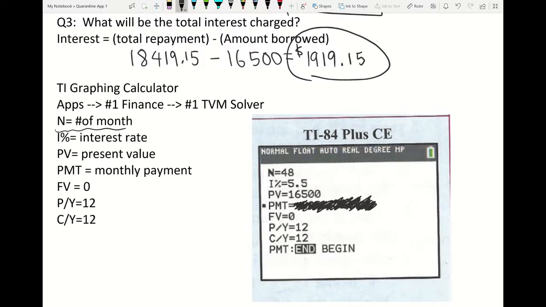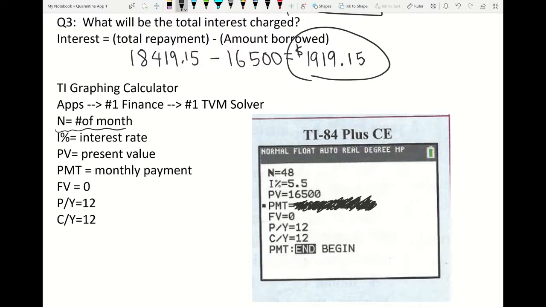Now, PMT, you just skip that. Probably you see 0 or maybe something else, but just skip that number over. Next, future value. Future value is going to be 0 because you borrowed 16,500, and you want the borrowed amount to go away, to eventually become 0.